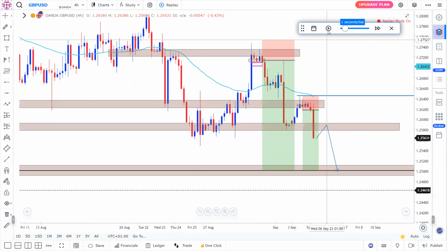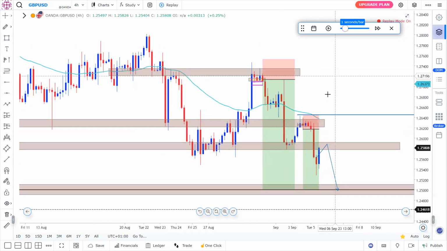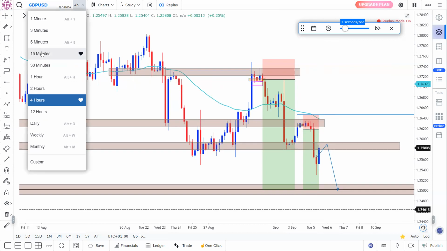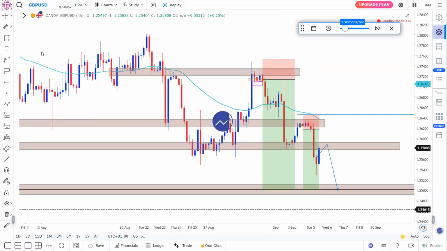And now, again, I'd wait for price to come right back into the level here. Now, this is where, having seen price trade back to the level quickly, I'd scale down again to the 15 minutes time frame for entry confirmation for sell, which for me would be a shift in market structure.